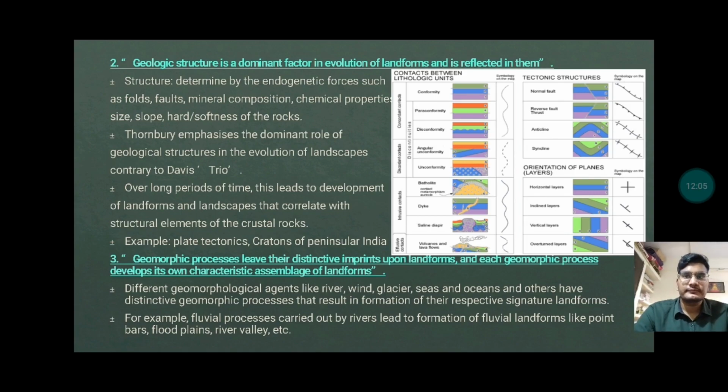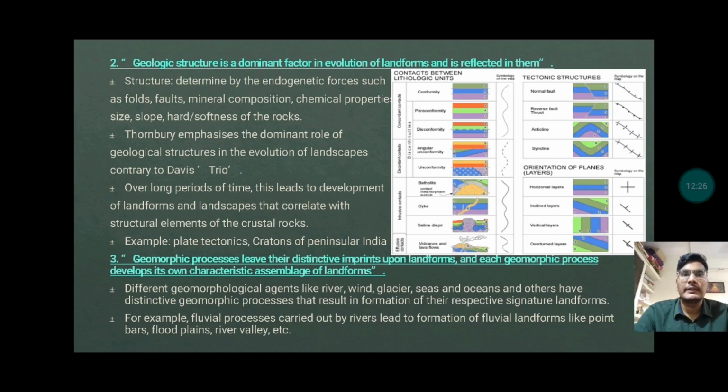For example, if we compare the peninsular rivers and the Himalayan rivers of India, we find that peninsular rivers have their own predetermined courses where they are flowing. Why are they flowing on predetermined courses?